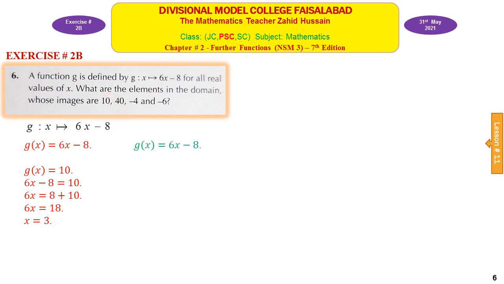The function is g of x is equal to 6x minus 8. We put 6x minus 8 equal to 40. 6x is equal to 8 plus 40. 6x is equal to 48 and x is equal to 8.